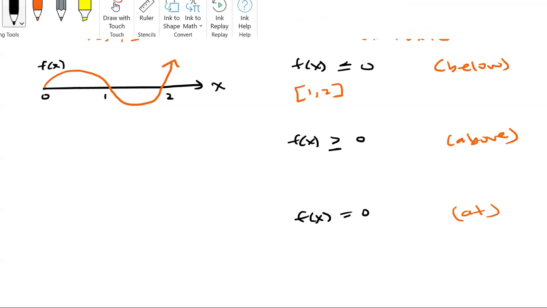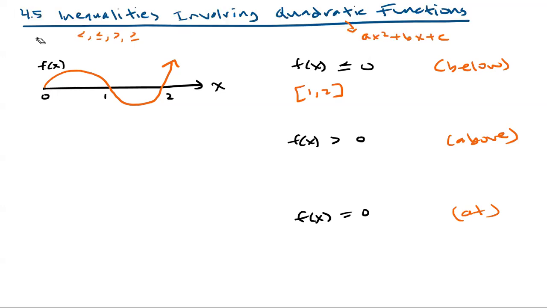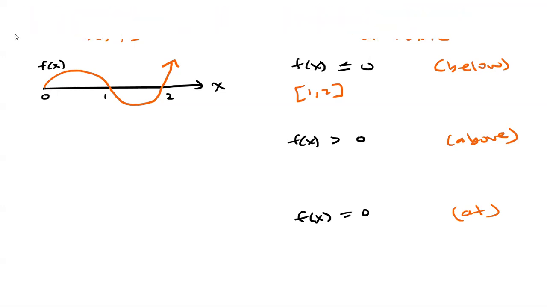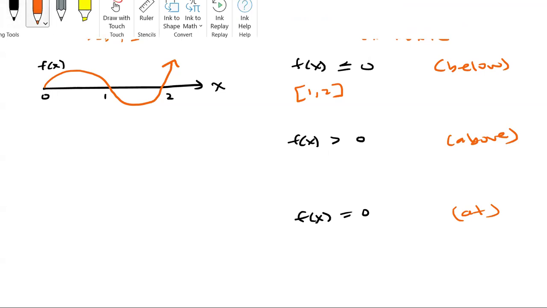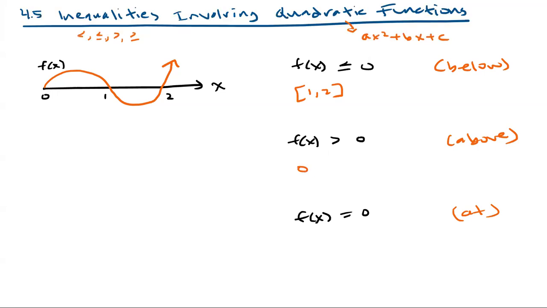Okay, so I changed this here. I need to put that back to greater than. For the second one, we want greater than 0, which means when the person is above the pool. That's going to be from 0 to 1, and then union, or you can put a comma there, doesn't matter to me.